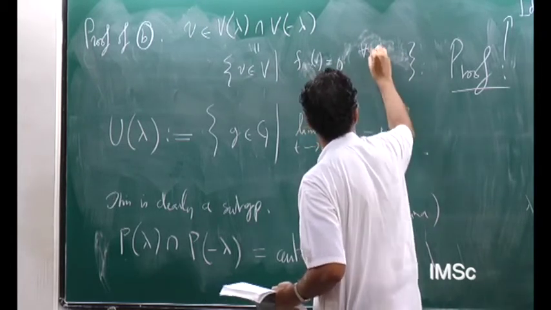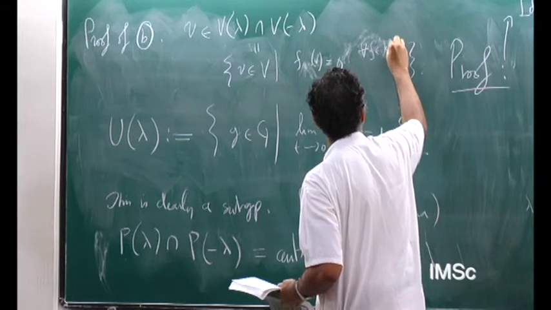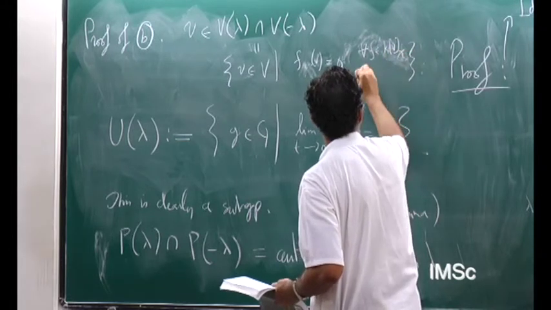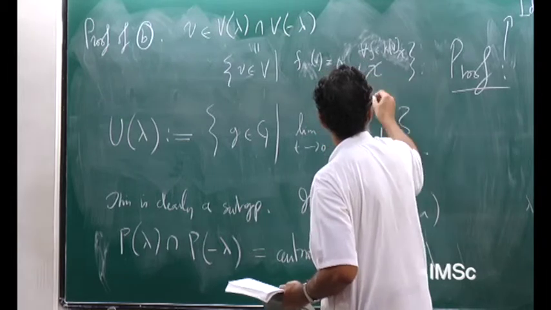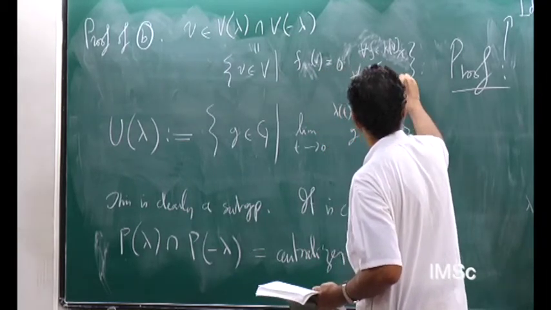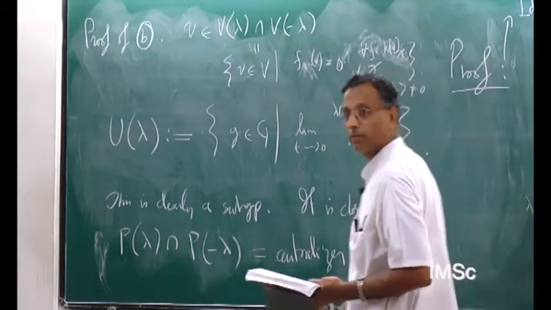Let's write it: for all f in k v chi such that chi lambda is not equal to 0. This is what we have proved.